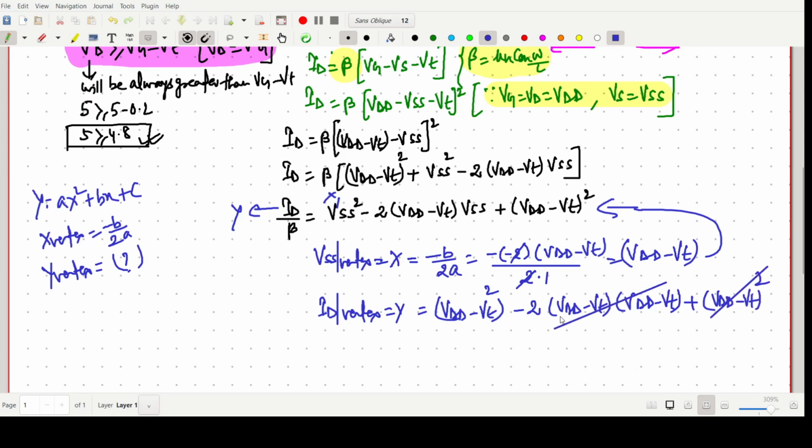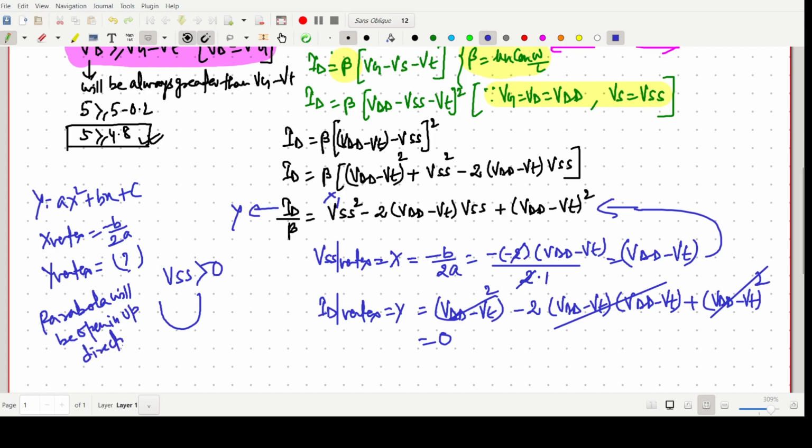This whole term will be cancelled, so the y vertex will be simply 0, and we can multiply beta here. So the x vertex is VDD minus VT and the y vertex is 0. And since the coefficient is greater than 0, the parabola will open in the up direction.